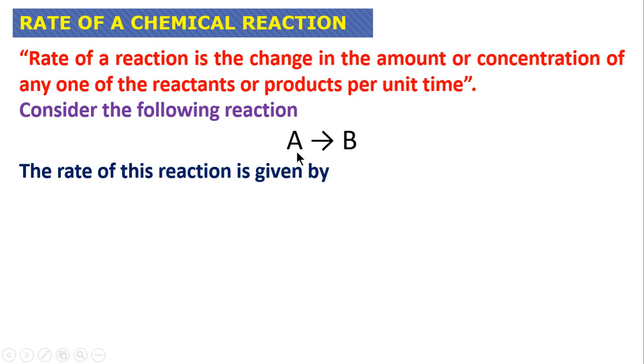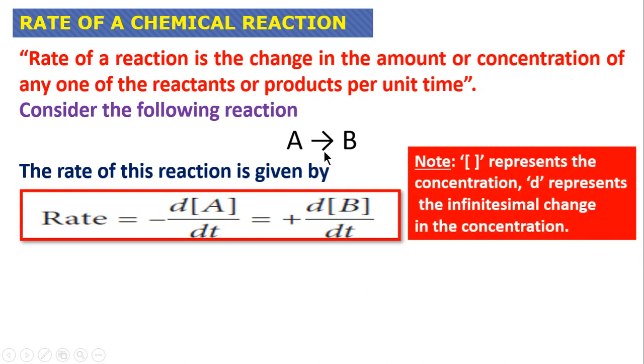So, consider the following reaction. The rate of the reaction is given by rate is equal to minus d[A]/dt, that is equal to plus d[B]/dt. The square bracket represents the concentration and d represents the infinitesimal change in the concentration.